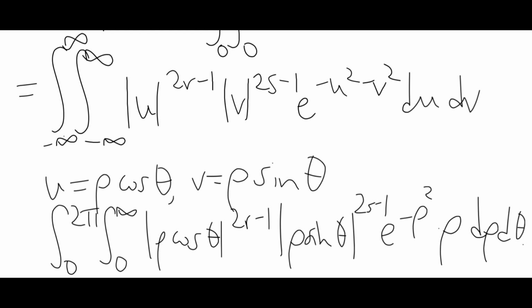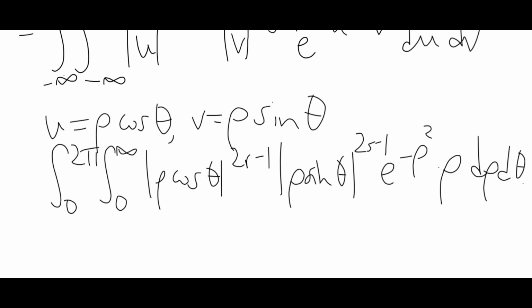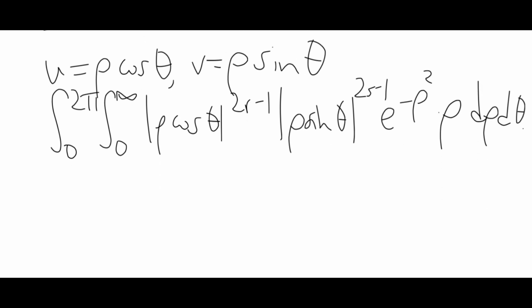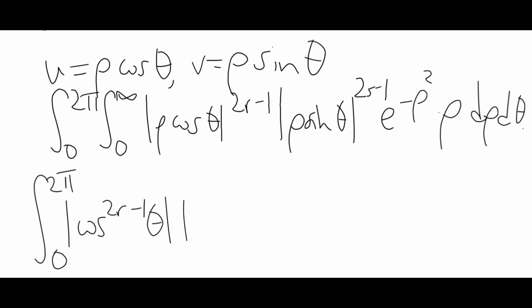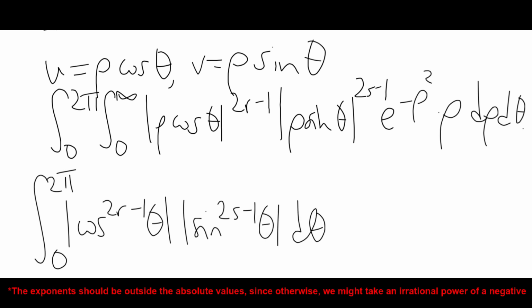Okay, so it looks like a mess. Well, it is a mess, but quite a lot of it simplifies. So we can separate out the rhos and the thetas. So for the thetas, I have the integral from 0 to 2 pi, absolute value of cosine to the 2r minus 1, absolute value of sine to the 2s minus 1, d theta.